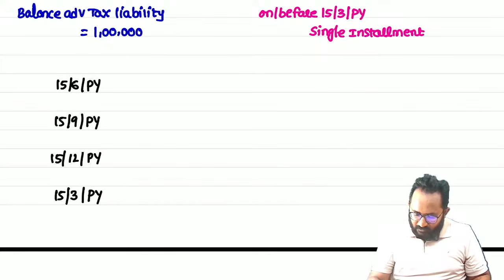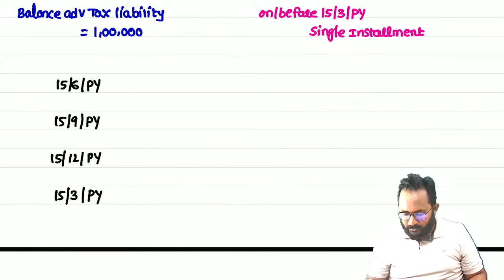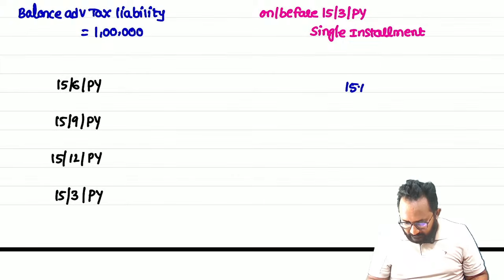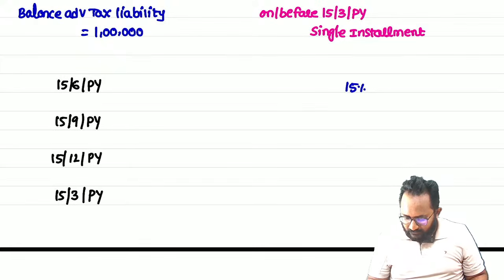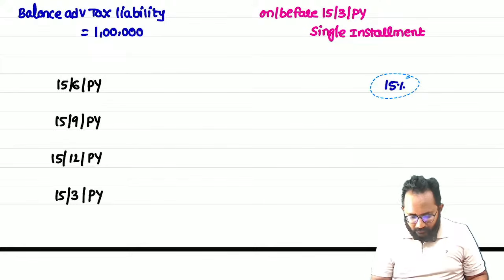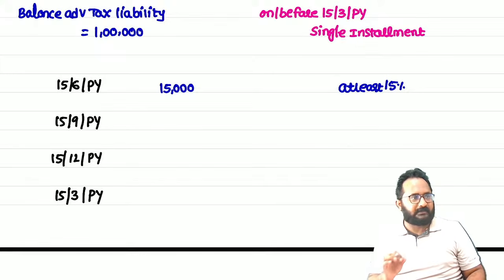In the first installment, they are saying at least you have to pay 15% of the balance advance tax liability. More than that is also okay, but you have to clear at least 15%. That means minimum pay 15,000 on the first installment.